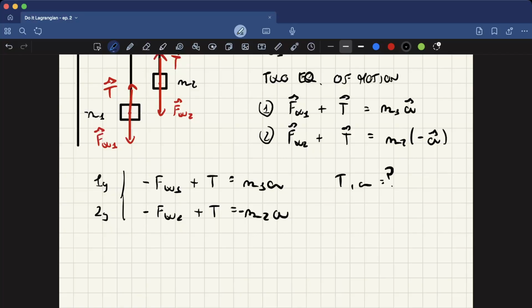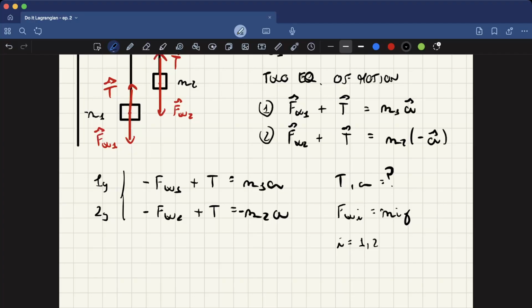Okay, and we know that Fwi is equal to mi times g, where g is the gravitational acceleration, and in this case i is only going through 1 and 2.